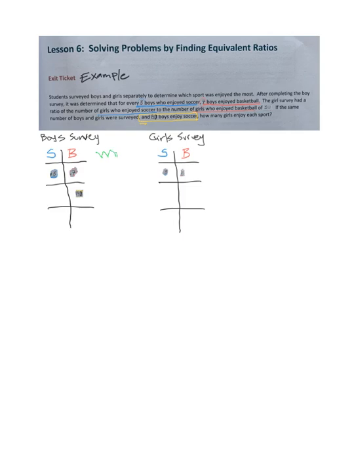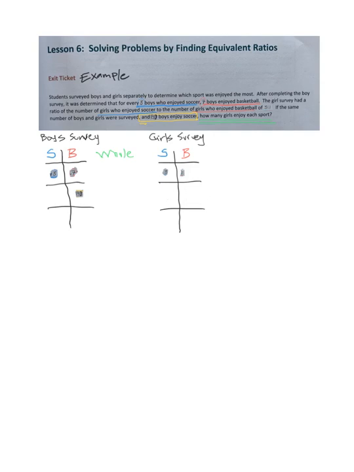So they want to know how many girls enjoy each sport, and it says that right here. How many girls enjoy each sport? So we want to understand the whole amount so that we can partition that over on this side. We can say, okay, this many girls enjoy soccer and this many girls enjoy basketball.